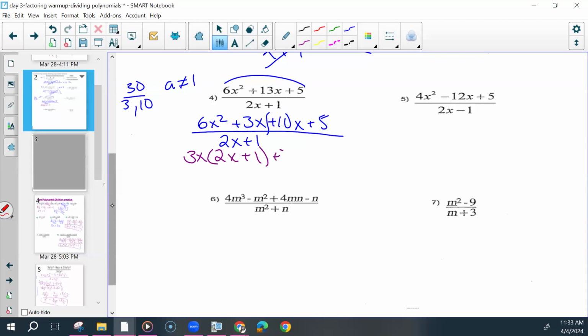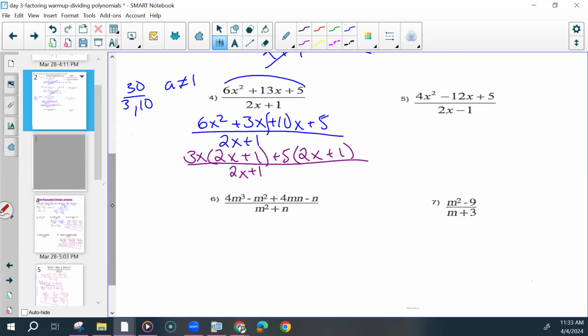Positive 2, leaving us with, I'm sorry, not 2. 2 would be what's left, 5. That'll leave us with 2x plus 1. So here you start to see what's going to cancel out, but finish it. Write your final factors before you do that.